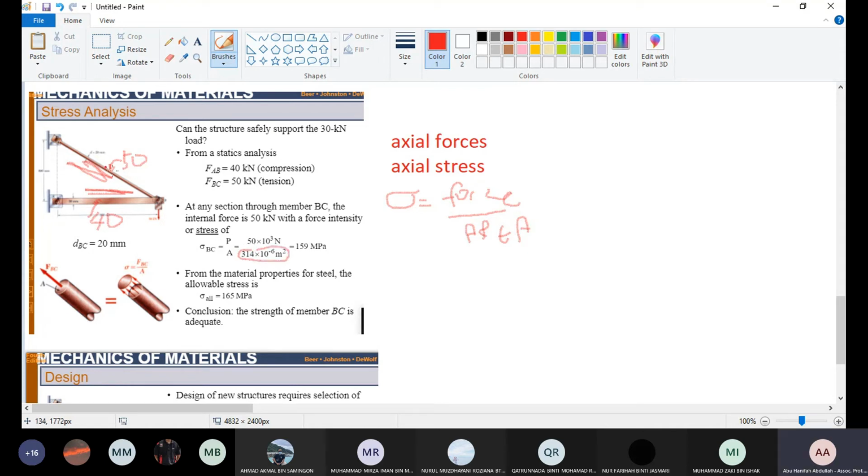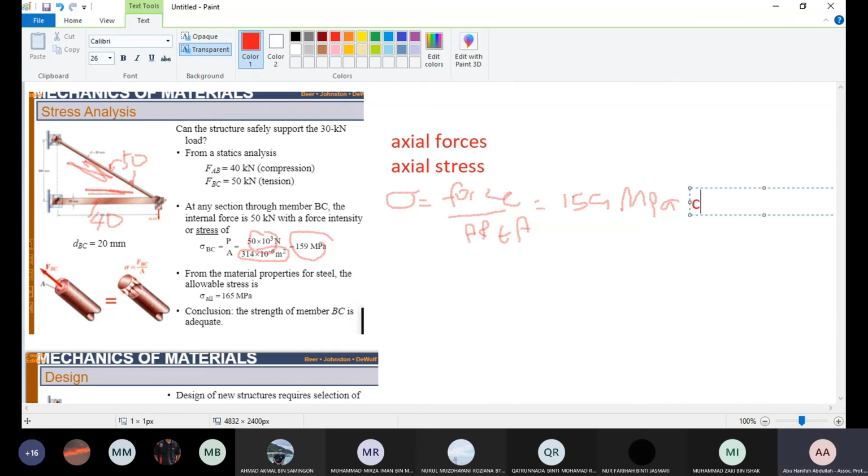So the force now BC, 50 kilonewton over the cross-sectional area of the rod, you got the stress of 159 megapascal.